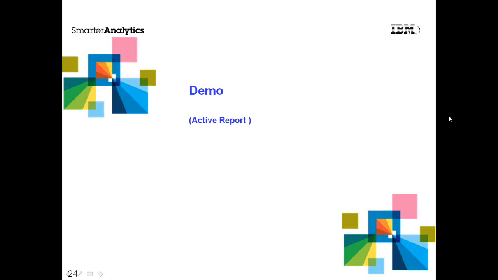So with this, I will hand you over to Mr. Manish Kotak, who will quickly show you Active Report on the desktop, and then share his experience, do's and don'ts, and best practices with you. Over to you, Manish.